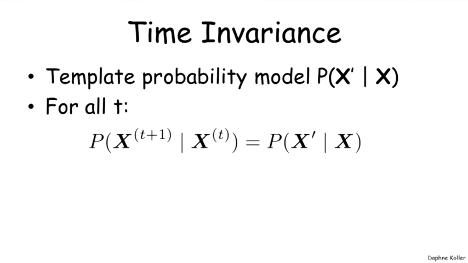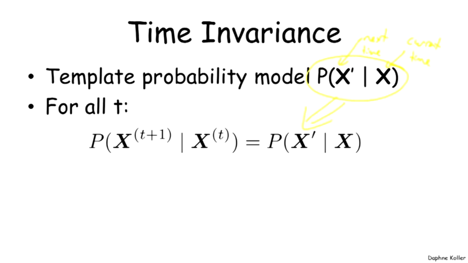And this is where we're going to end up with a template-based model. We're going to stipulate that there is a probabilistic model p of x prime given x. X prime denotes the next time point, and x denotes the current time point. And we're going to assume that that model is replicated for every single time point.